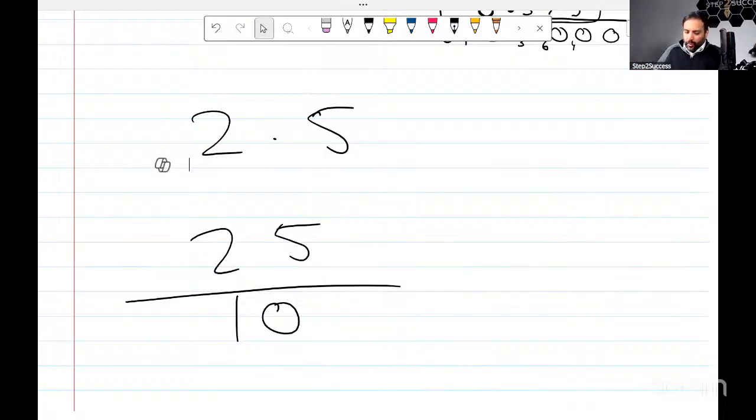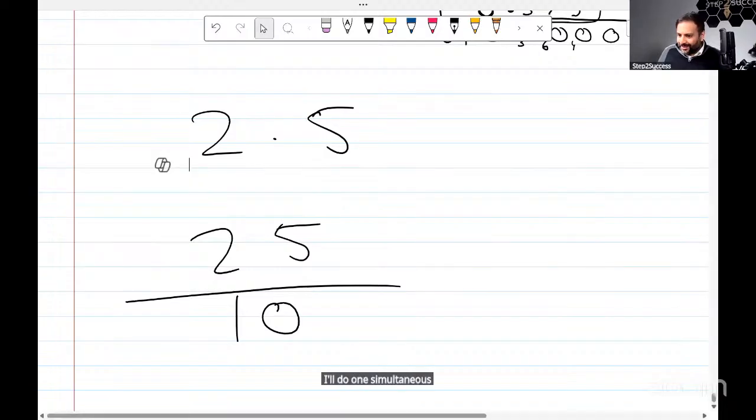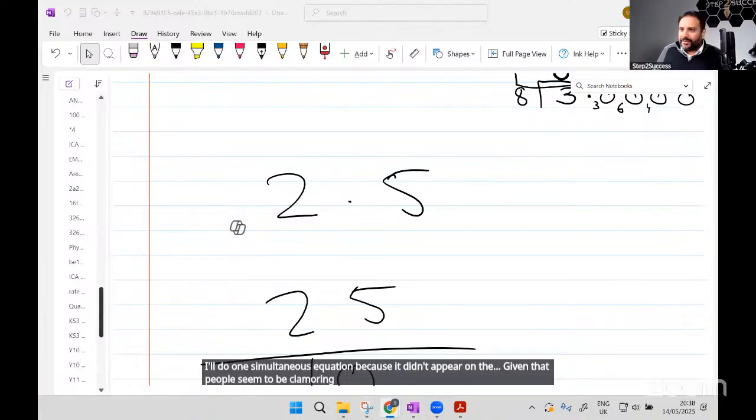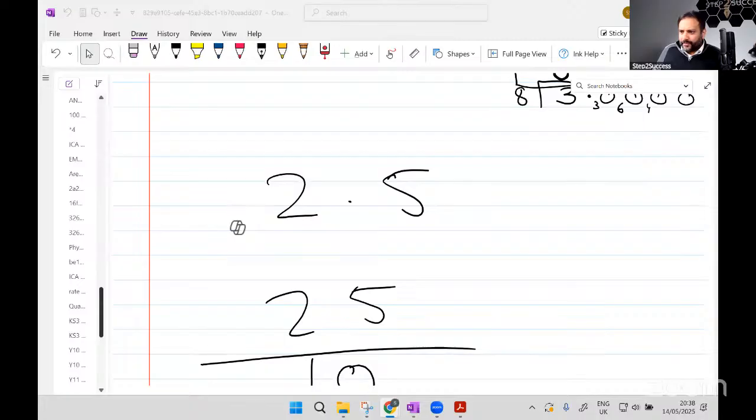I'll do one simultaneous equation because it didn't appear on there, given that people seem to be clamoring for simultaneous equations. Okay. I can't really make one up, can I? No. We'll do a relatively normal one like that.